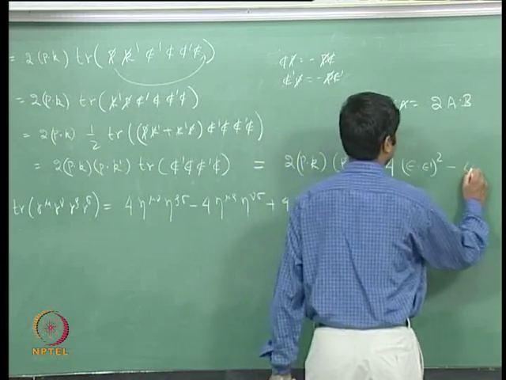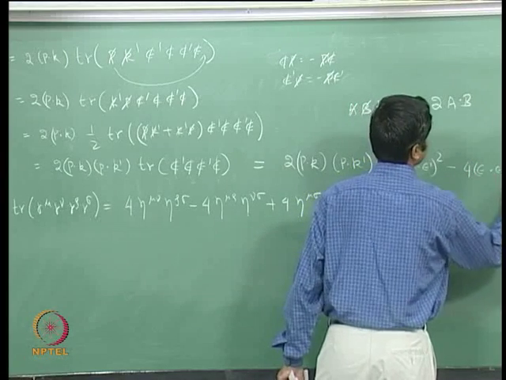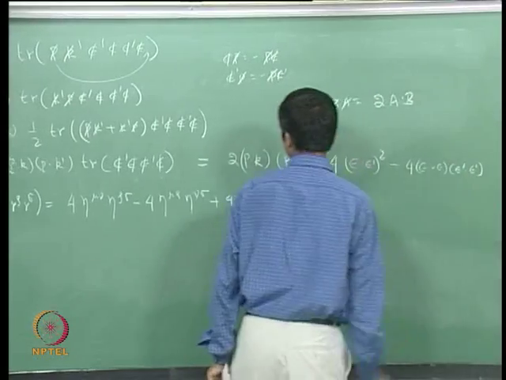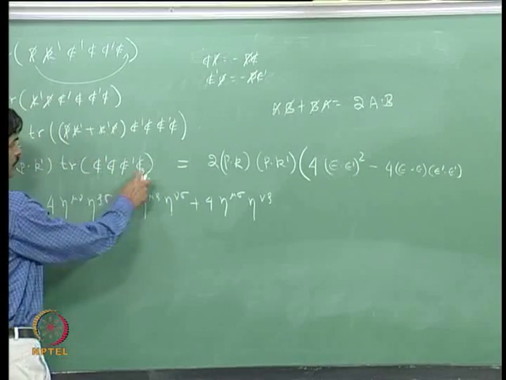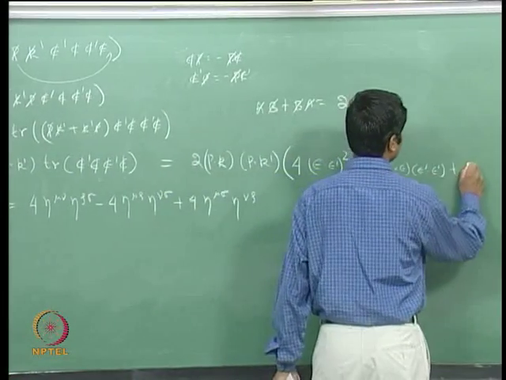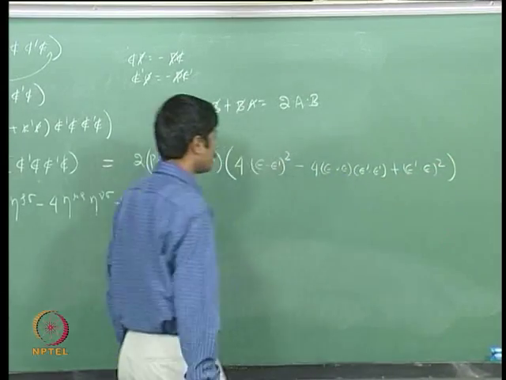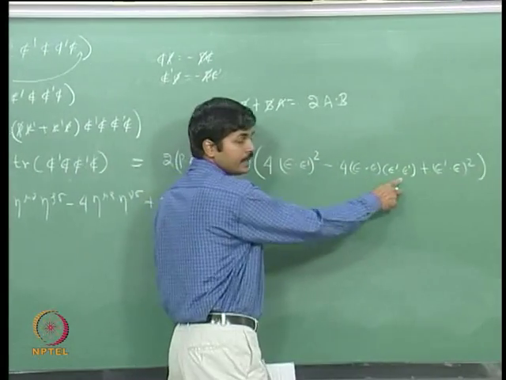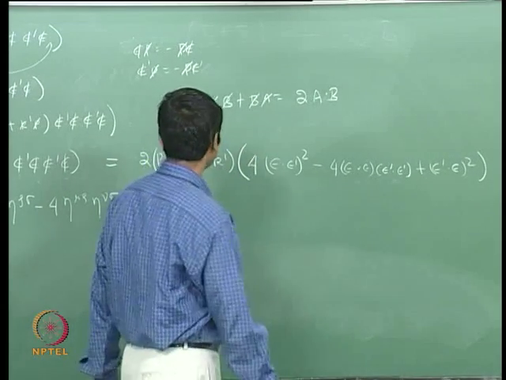So, minus 4 epsilon dot epsilon epsilon prime dot epsilon prime, and finally the last term will say that it is again epsilon prime dot epsilon whole square. So, plus 4 epsilon prime dot epsilon whole square. What is this quantity here? This is 1, because epsilon dot epsilon is minus 1.